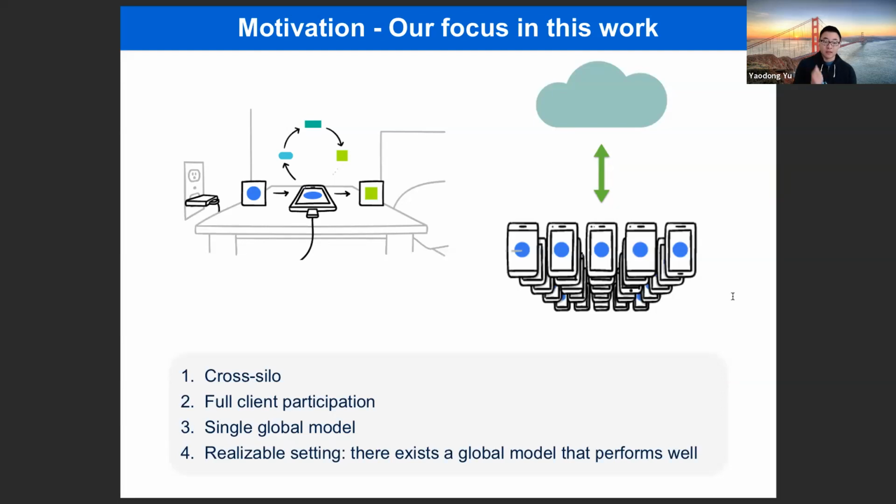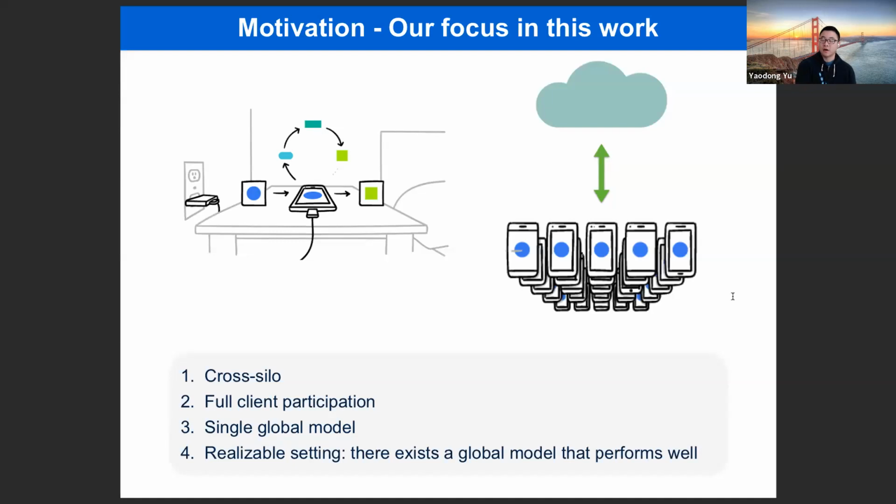The last requirement for the setting is that we assume there exists a global model that achieves good performance for all the clients. You can interpret this as having a very big deep neural net, where the model capacity is very large and it could generalize pretty well.